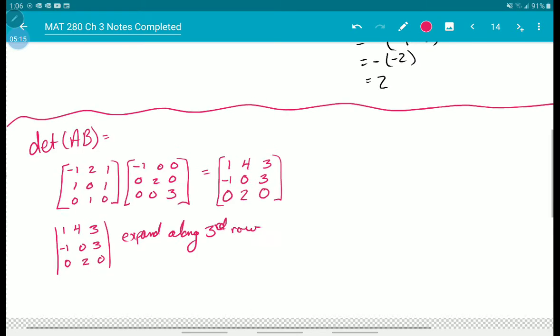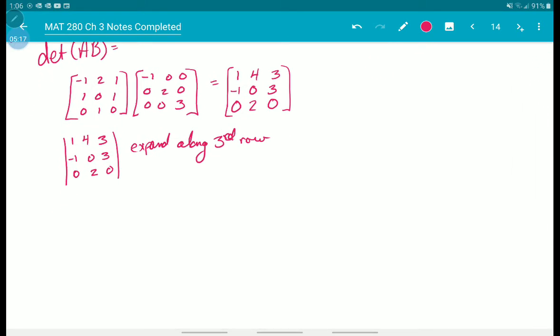So I'm going to do an expansion along that third row again. So we're going to have some zeros, which are going to be nice. This time I'm not writing those zeros. So the only thing we're going to have to worry about is 2 times negative 1. That's in the third row, second column, times this. 2 times negative 1 to the fifth is going to be a negative 2.